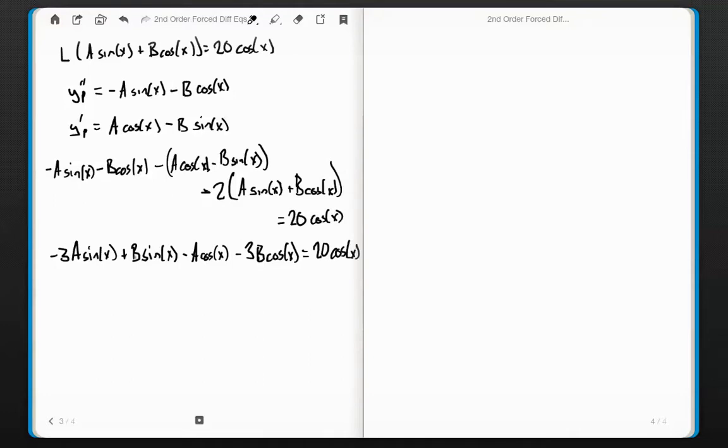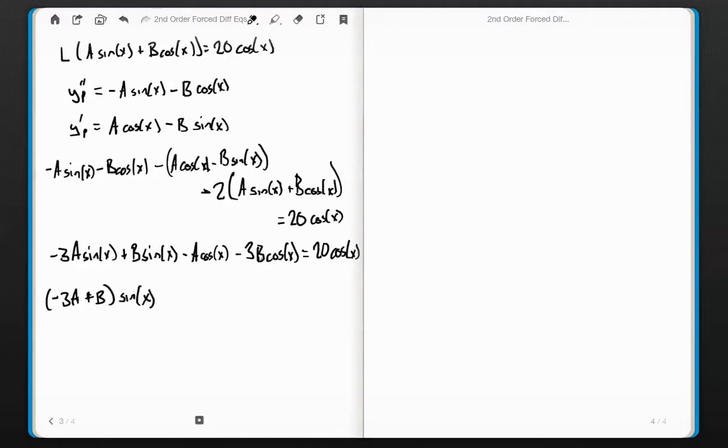All right. Well, I can combine my sines, so I know that minus 3a plus b. I don't know, my handwriting is getting so bad. These are all my sines.